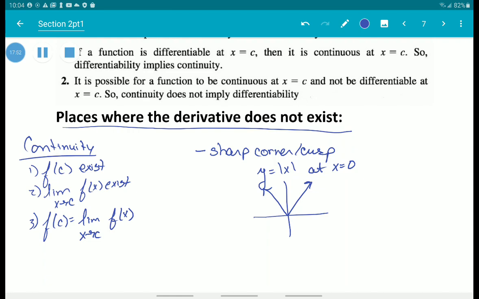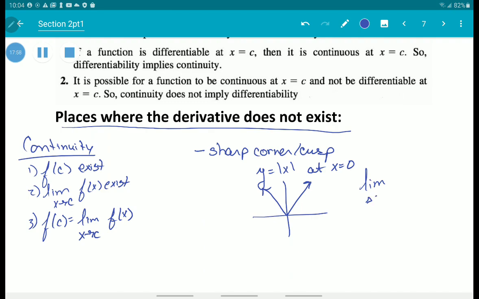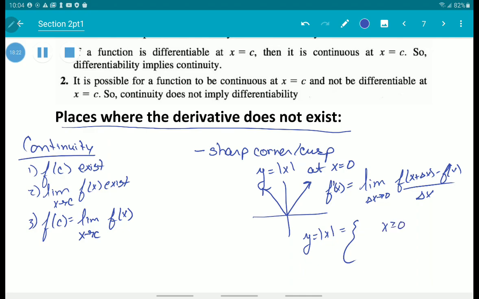Think about it in terms of the limit. The limit as delta x goes to 0 of f of x plus delta x minus f of x over delta x. That's your definition of a derivative. The absolute value can actually be written as a piecewise function. To the right of 0, it would be defined as x. To the left of 0, it would be negative x.